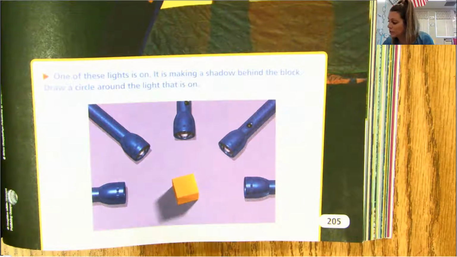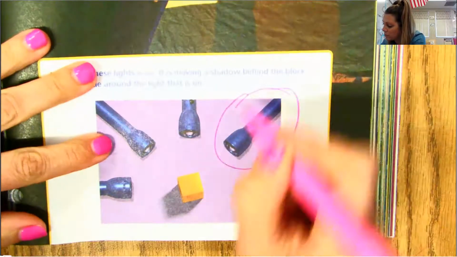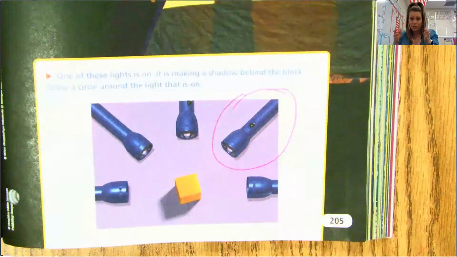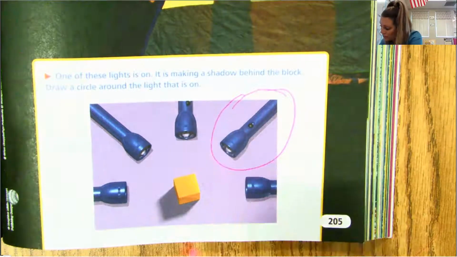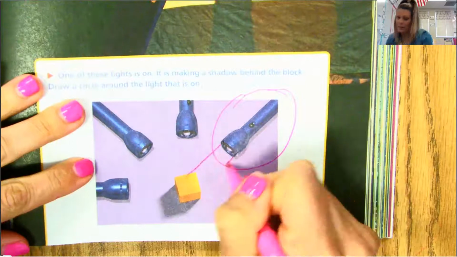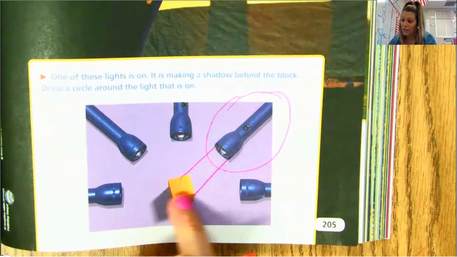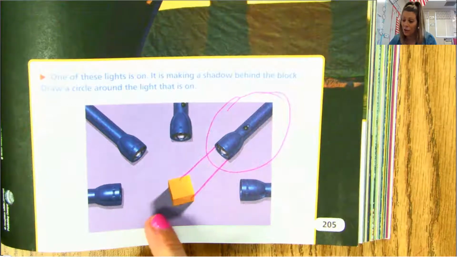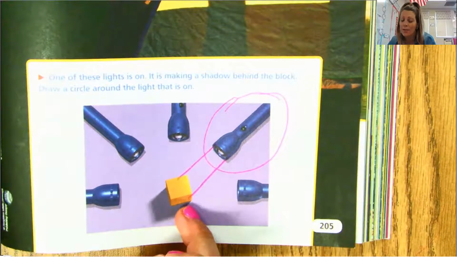Well, you should have circled this flashlight right here, because we know light travels in a straight line. And then it creates a shadow behind the object.